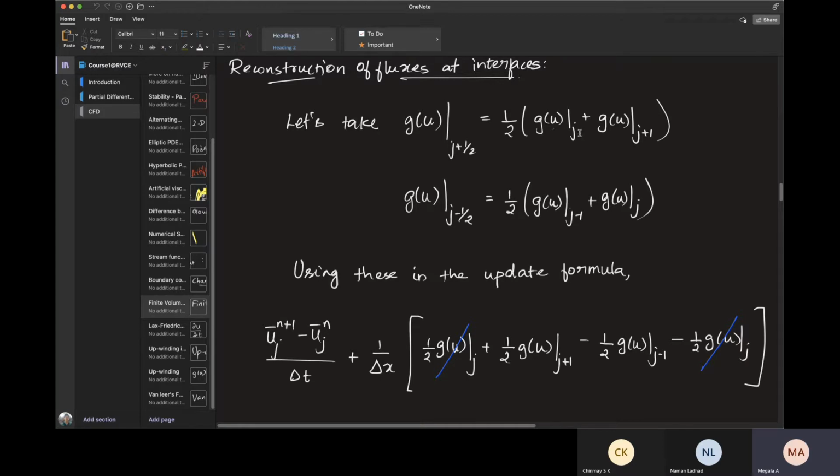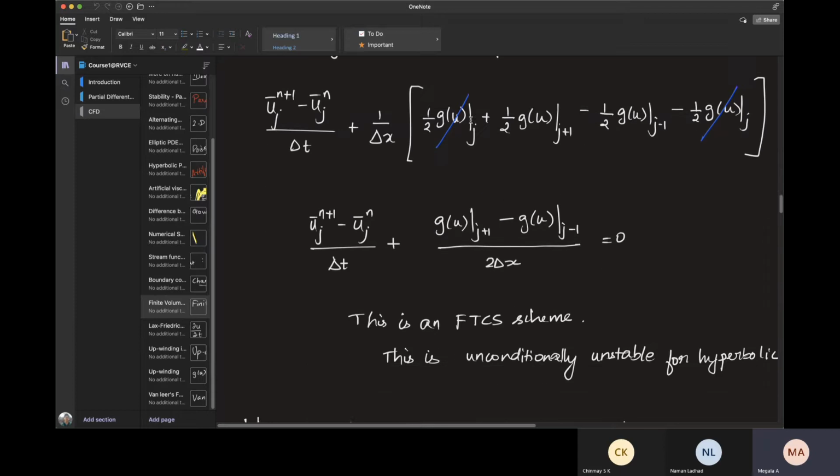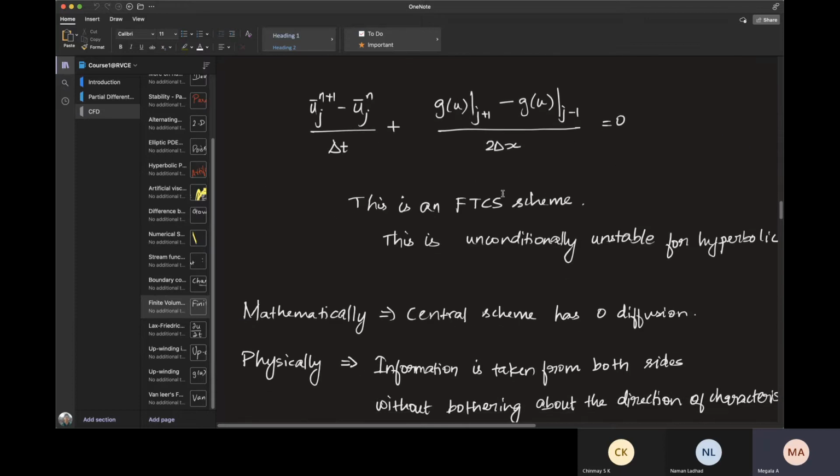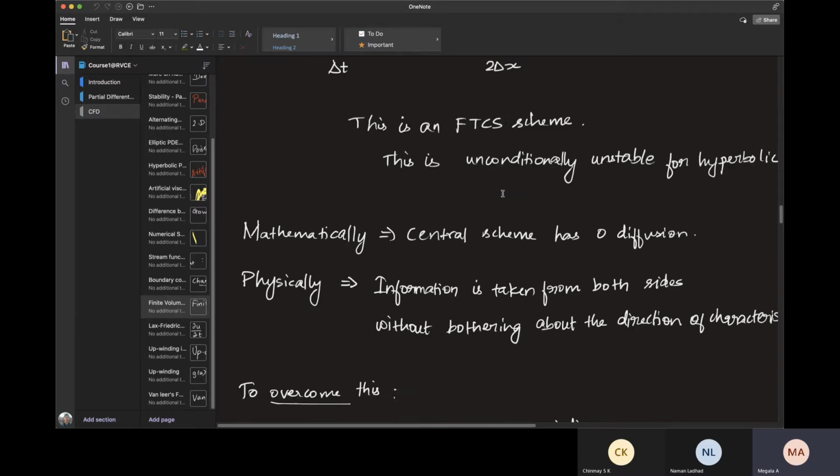So these are cell centers, j and j plus 1. If we take half of G from the cell center of the left cell and half of G from the cell center of the right cell, and make that the value at the interface, then we'll get an unstable scheme, which is unconditionally unstable. Whatever condition we put, we cannot make the scheme stable. So there is no use of solving this scheme.